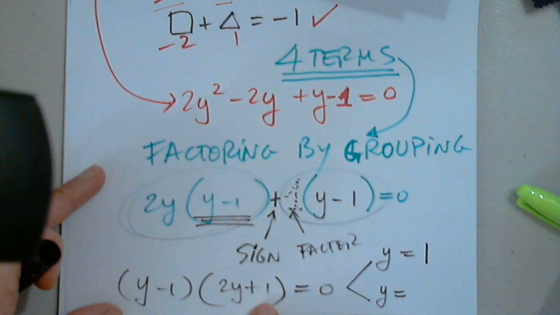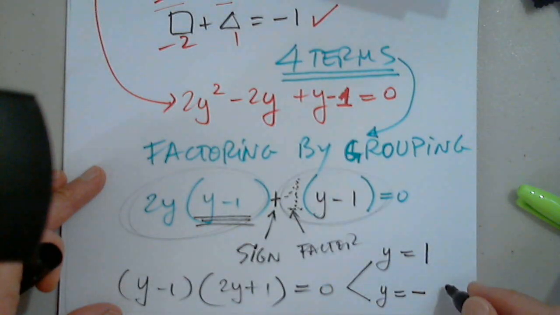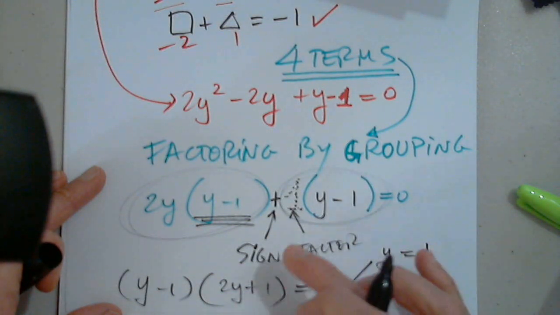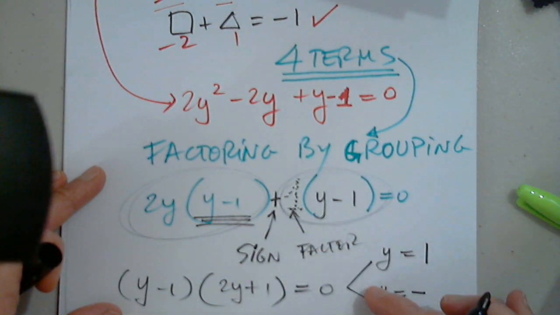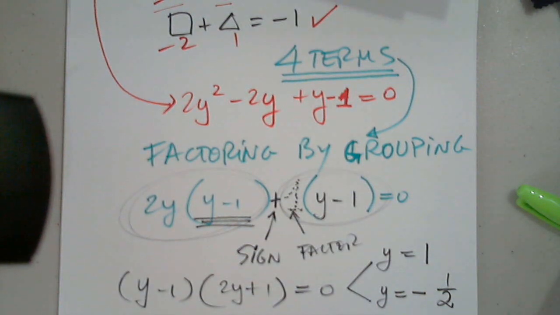And from 2y plus 1, we move 1 to the other side, it becomes negative, and we divide by 2. Negative 1/2.